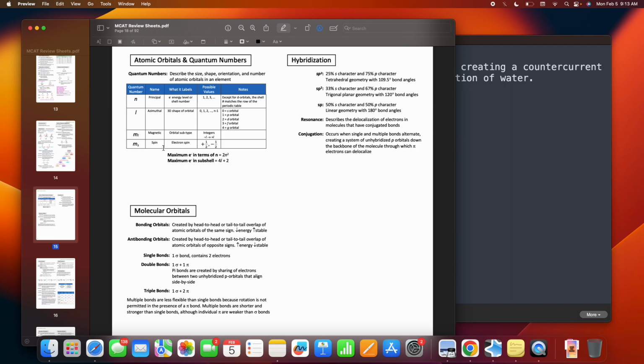That's why for s, L is 0. It's just one box that fits 2 electrons. For p it's 3, because there's minus 1, 0, and plus 1. And for d it's 5: minus 2, minus 1, 0, plus 1, and plus 2.